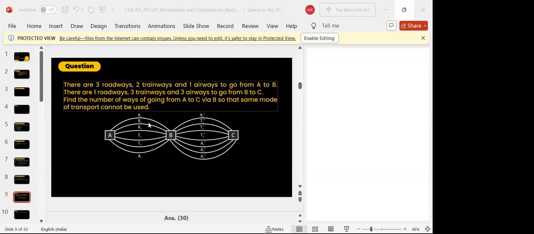We have to be very careful, as there are 3 cases. In this question we have to be very careful.